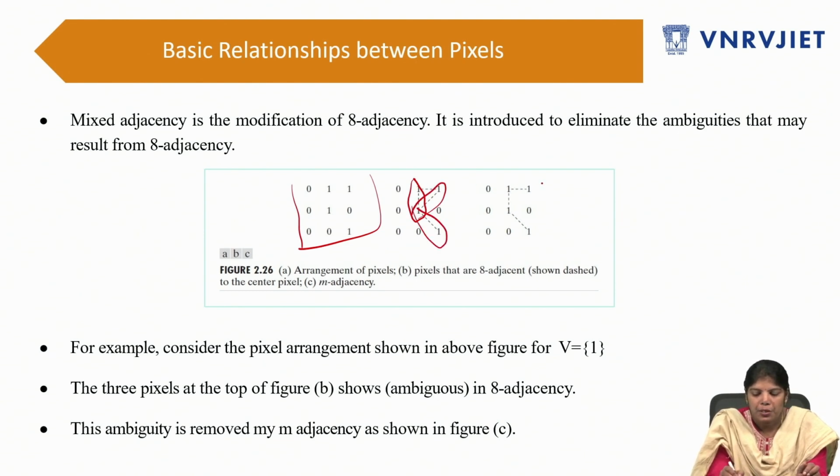So the ambiguity occurs because this pixel is connected with this pixel as well as the diagonal pixel. In this situation you can use the m adjacency to avoid the connectivity with the diagonals. I am taking the 4 adjacency again, just eliminating the diagonal path. That is about the m adjacency.